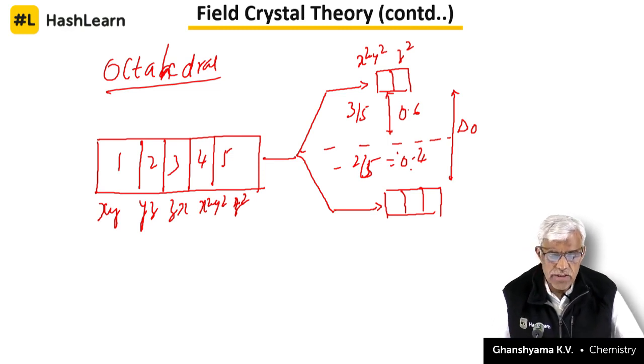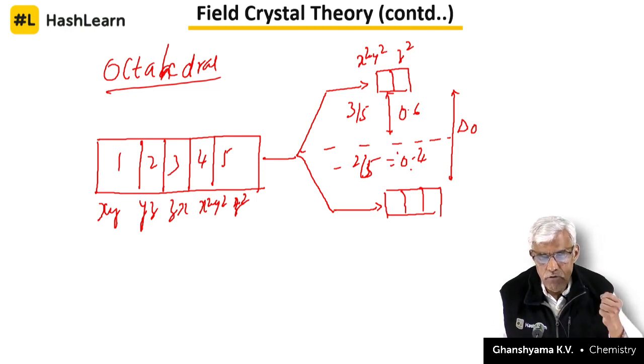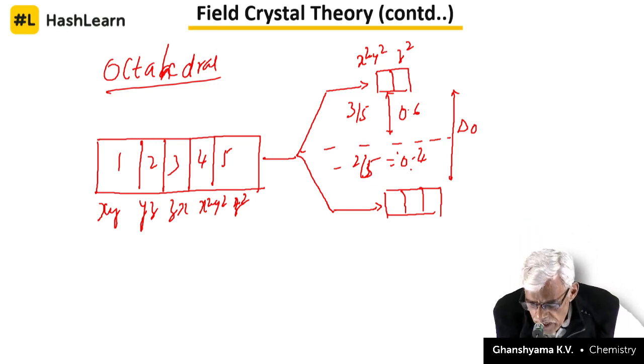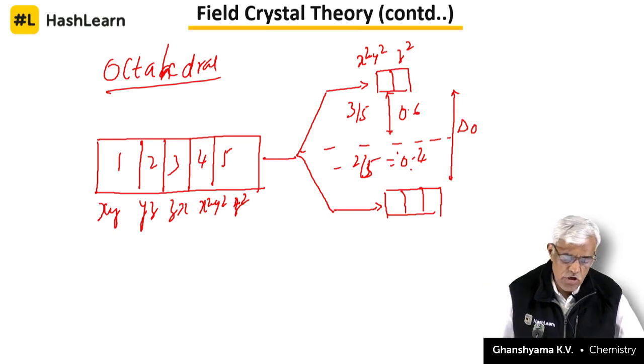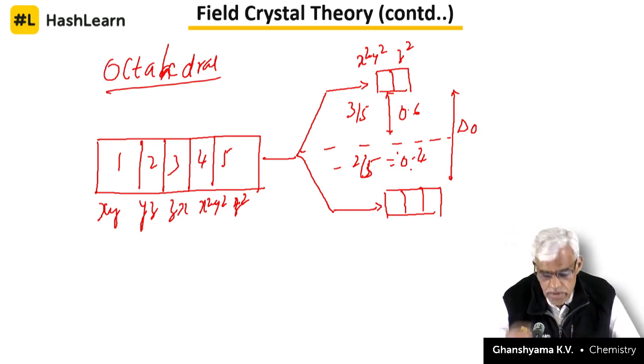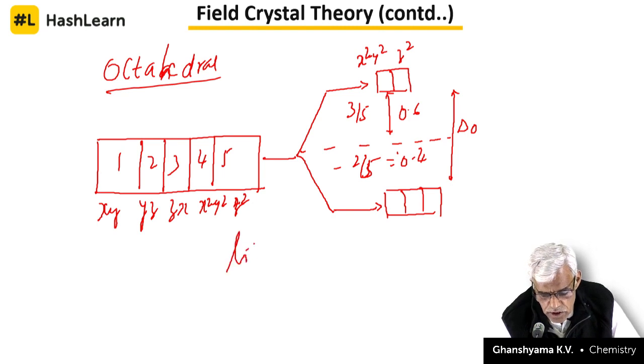This splitting, as I said, is called crystal field splitting, and the difference in energy is called crystal field splitting energy. How far it will be split? What will be the delta zero value? It depends upon the nature of the ligand.